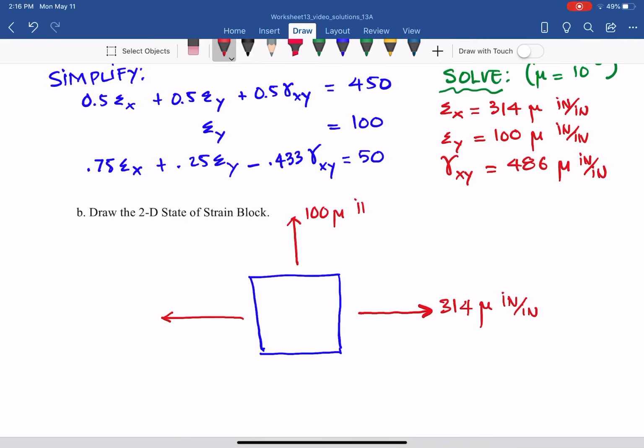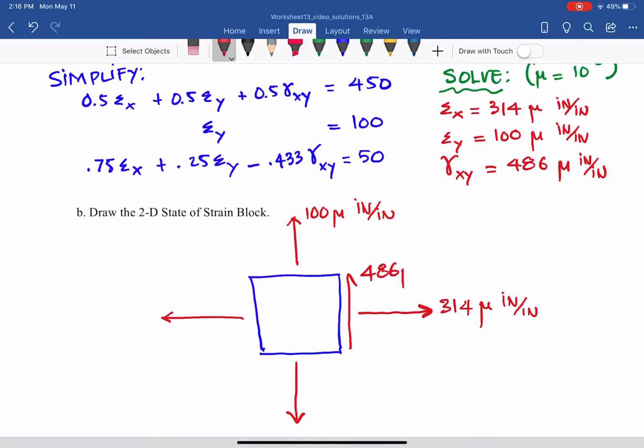Gamma xy is positive 486, so it will be the same gamma xy here. Why does it go up on the positive x plane?